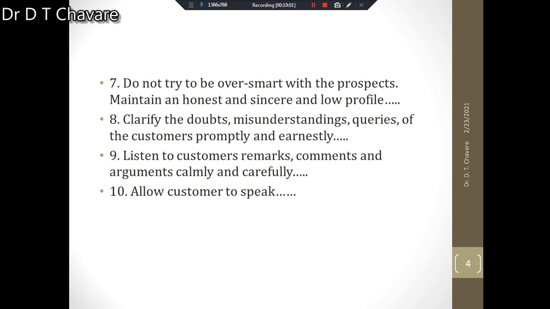Then clarity is also there. You should clarify the doubts, misunderstandings and queries of the customers promptly and carefully. Then listen to the customer's remarks. When the customer is giving an opinion about the product, you should listen to the customer's remarks, comments and arguments calmly and carefully.